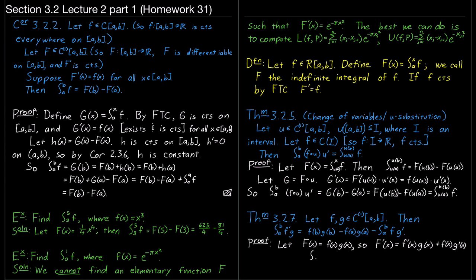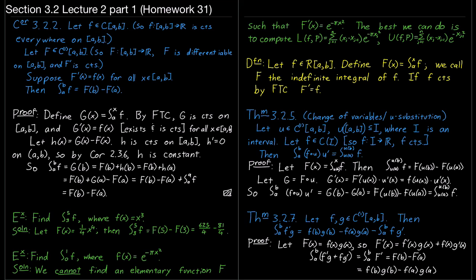Then the integral from a to b of f prime g plus f g prime. That's the integral from a to b of big F prime, which is big F of b minus big F of a, which is F of b g of b minus F of a g of a.